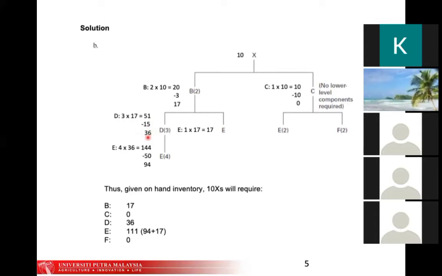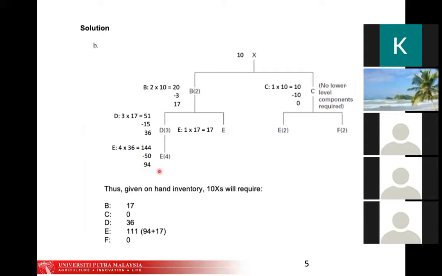Next, we move to E. Each D needs 4E, so 4 times 36, referring to the D, we get 144. Deduct the quantity on hand for E, which is 50, so we get 94.